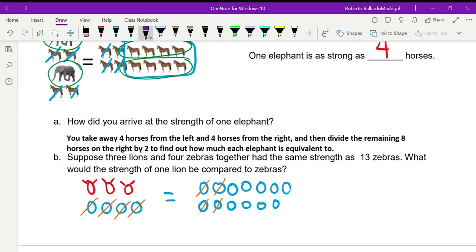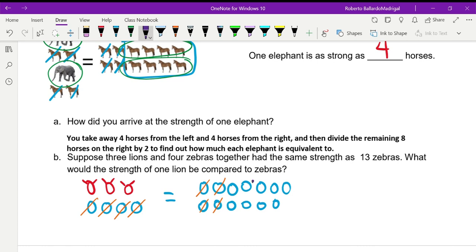We're saying there's 3 lions remaining and 9 zebras on the other side. So how could I find out the strength of each lion? If I have 9 zebras total and 3 lions, then what could I do here? I could make groups of 3. I could figure out how many zebras can I fit into one group so that I can get 3 even groups, and then I can say that each lion is worth that.